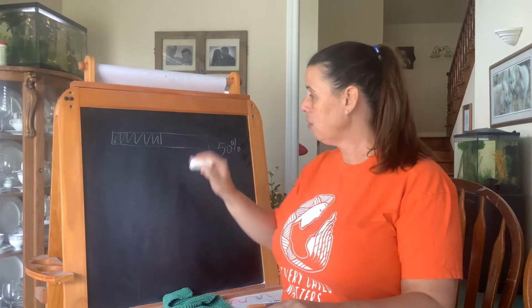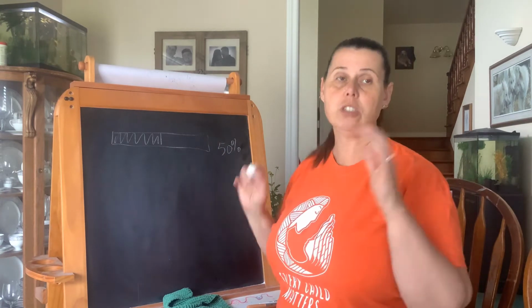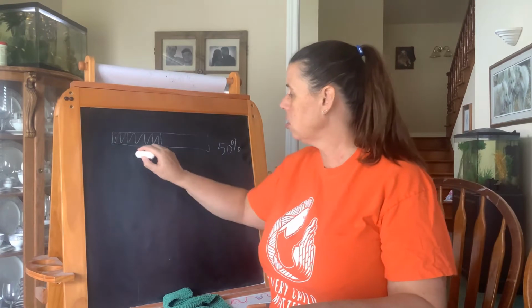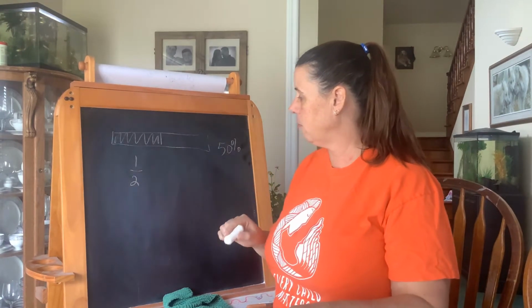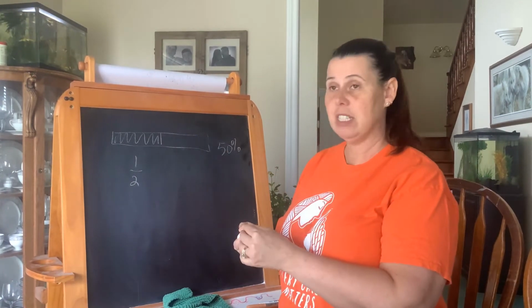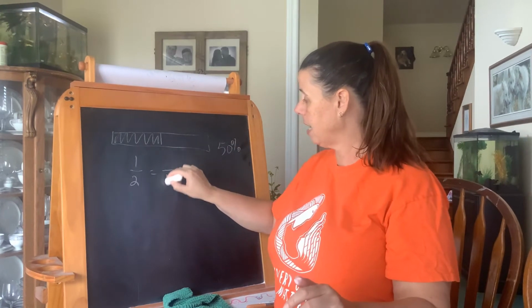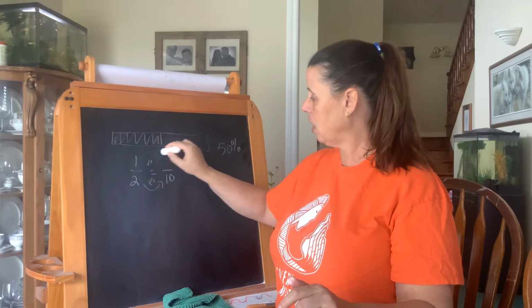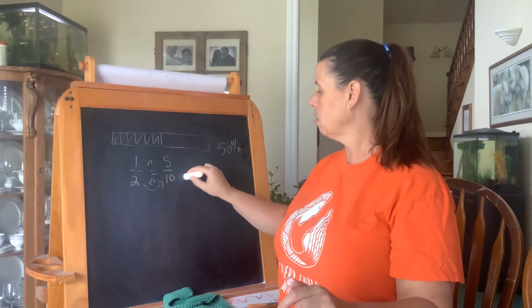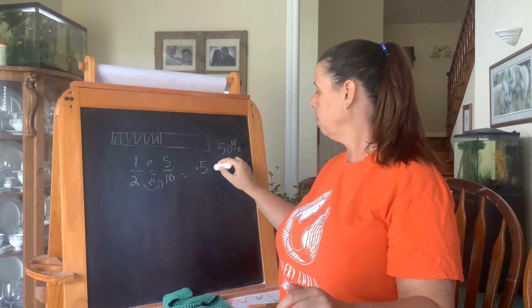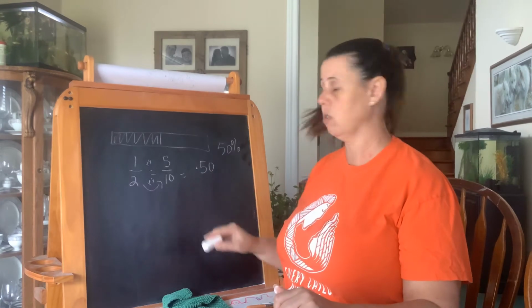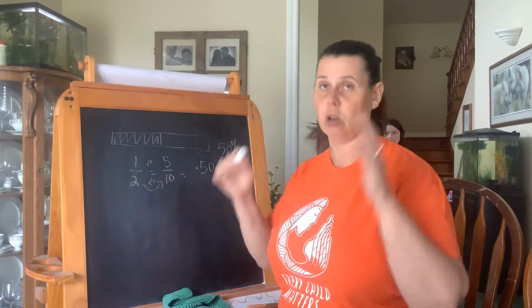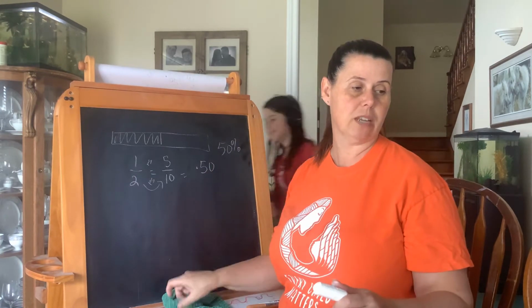But if you haven't memorized those few percentages, you could say, okay, well, it's a half, and then get it to a decimal percent over 10. So 2 to 10 is times 5, so 5/10, which is decimal 50. So you could figure out your decimal that way if you don't automatically know that it's 50%.